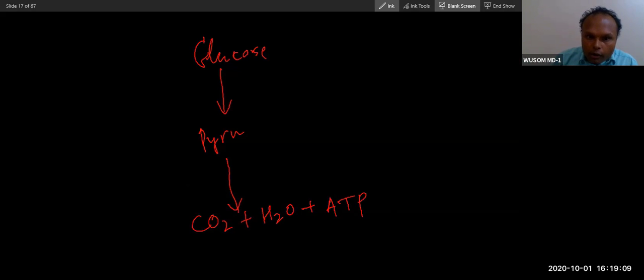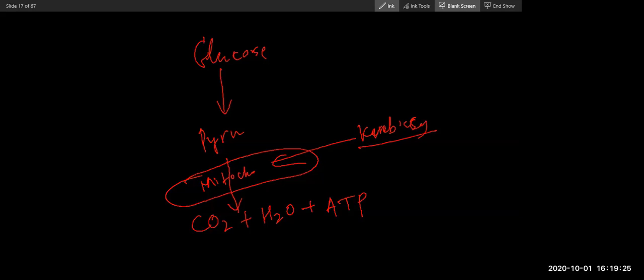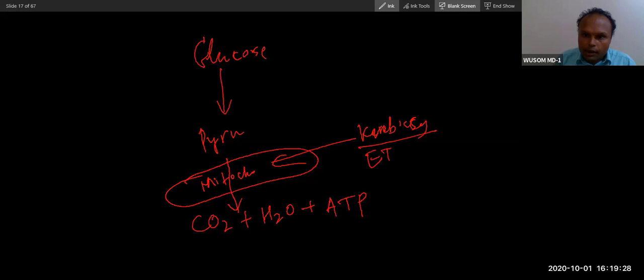How does it convert into this? Through mitochondria, through the Krebs cycle and the electron transport chain. And here, one more enzyme, pyruvate dehydrogenase.